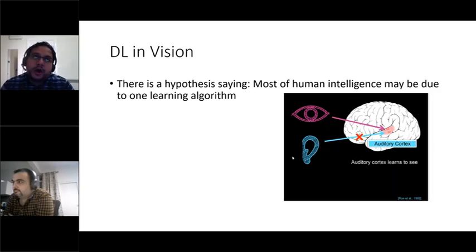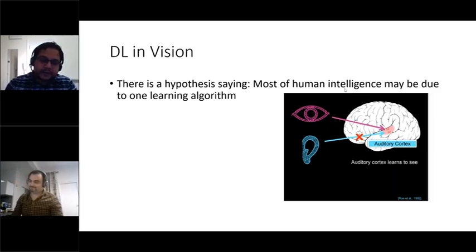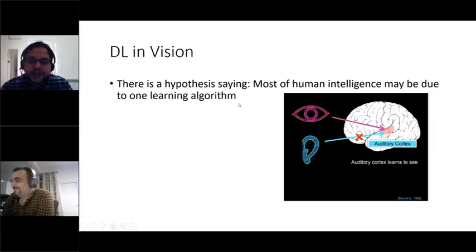By hearing, you can picture a shape in your brain just by hearing. So there is this hypothesis saying most human intelligence comes from one single learning algorithm in the brain. And we are going to see these algorithms later, this class of algorithms that enable us to train a neural network.